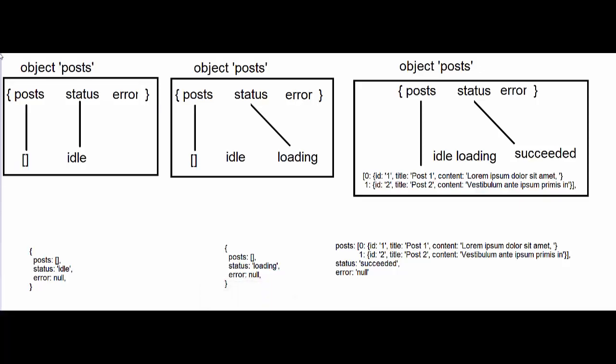Here it is. This is object post after initial rendering of post list. When initial rendering is finished, it is one point of the life cycle of the component. It is finished mounting, finished rendering even.